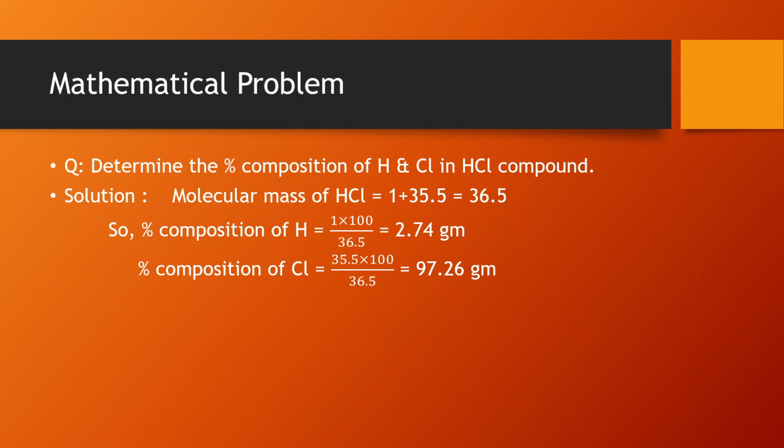So we can see a mathematical problem. The question states that we have to determine the percentage composition of hydrogen and chlorine individually in the HCl compound.